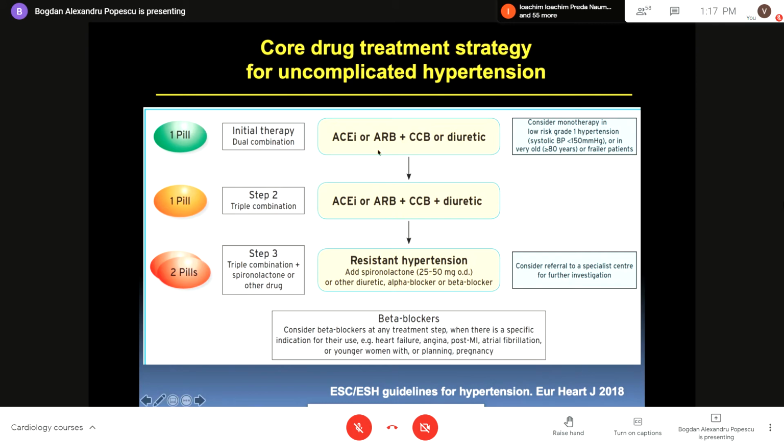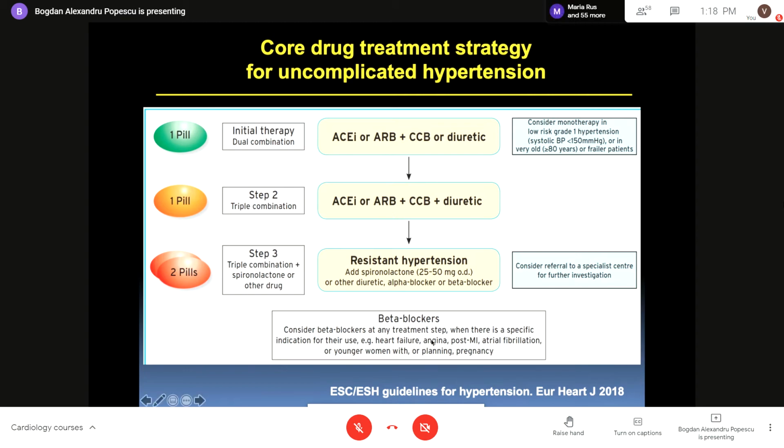And usually we consider that beta blockers are not the first line therapy unless there is a specific indication for their use, because the patient also has something else that mandates the use of beta blockers.